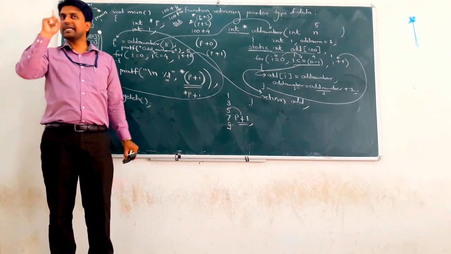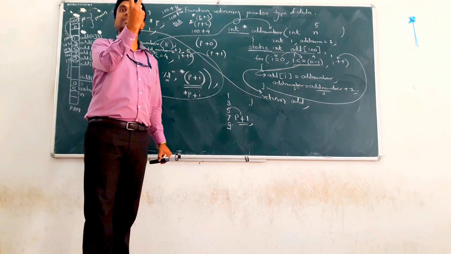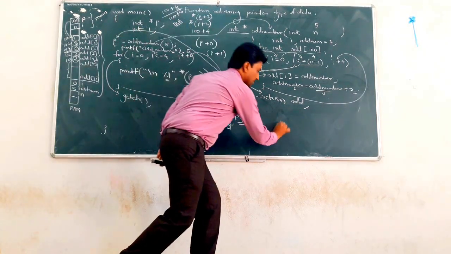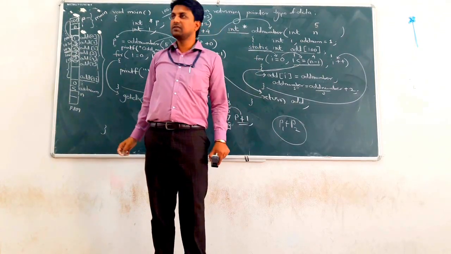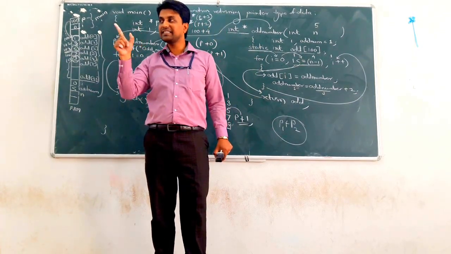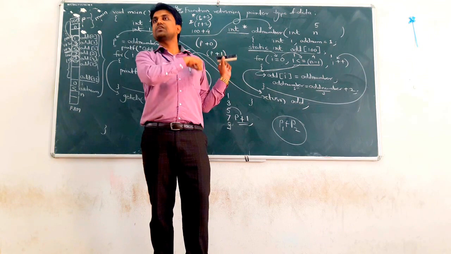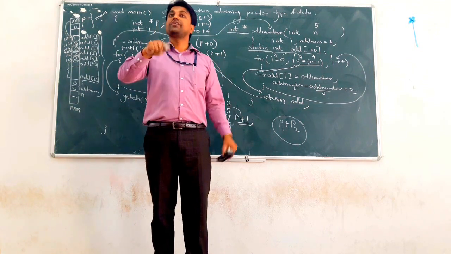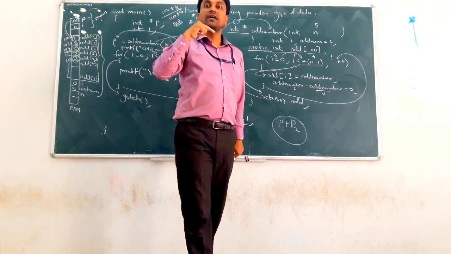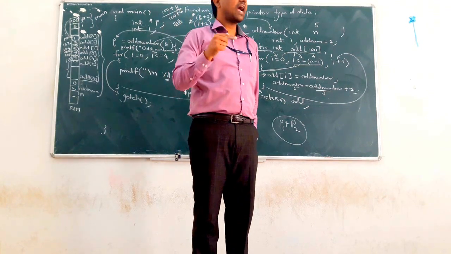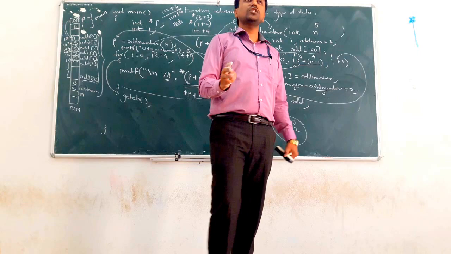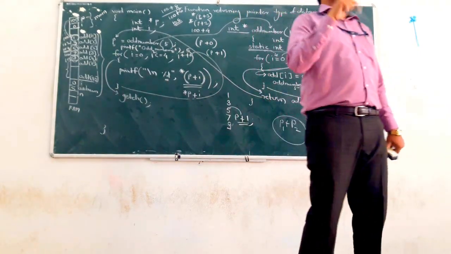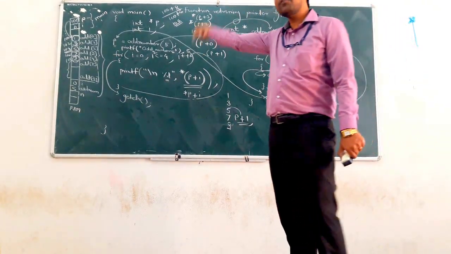We cannot add two addresses at a time, meaning P1 plus P2, two pointer type variables, and assign to a third address. But we can add one to an address, or two, or three, and that is possible if and only if that pointer variable stores the address of an array.